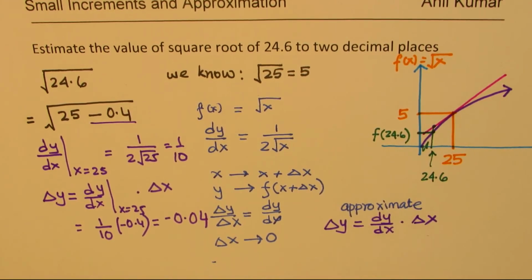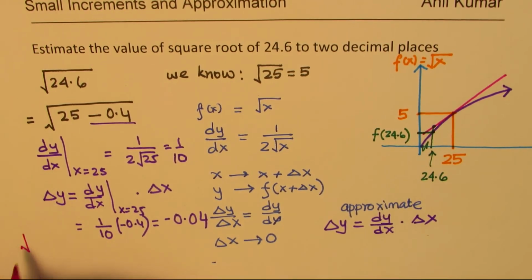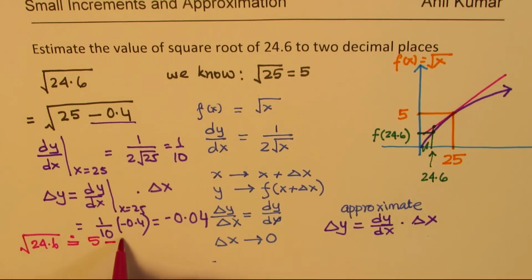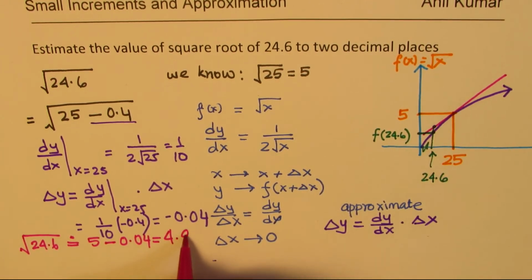Perfect. And therefore, we can estimate, right? So what is our estimate? So now we can say that the square root of 24.6 is approximately equal to square root of 25, which is 5, minus 0.04, which is basically equal to 4.96.